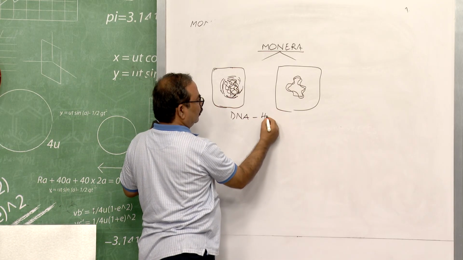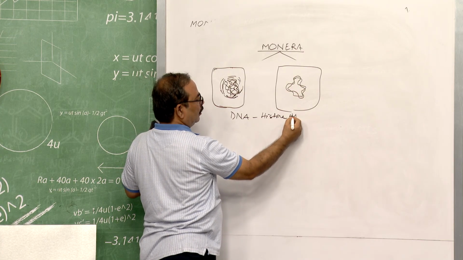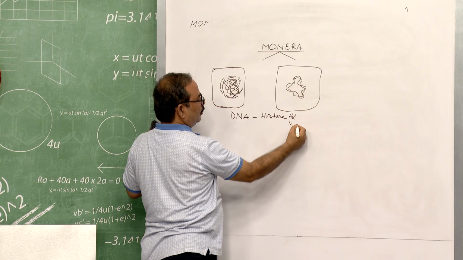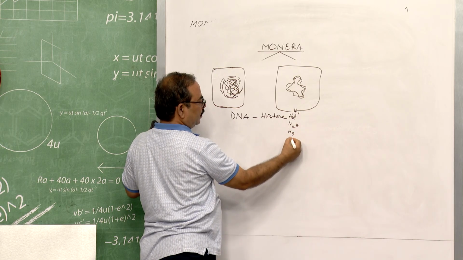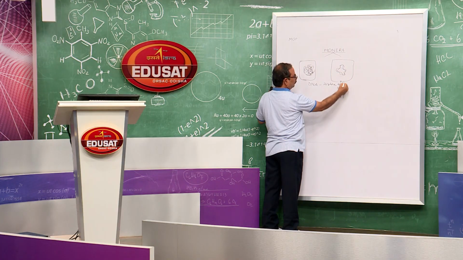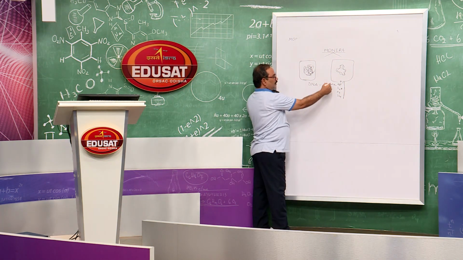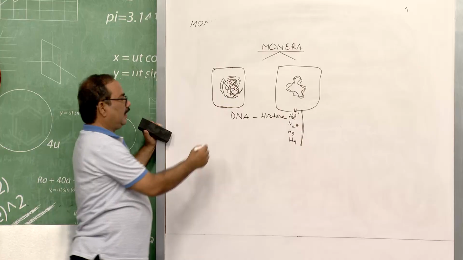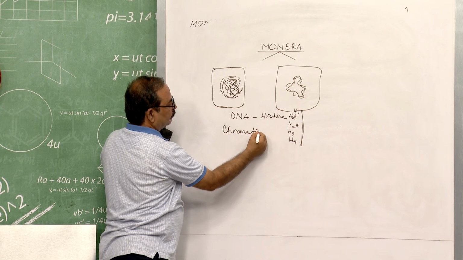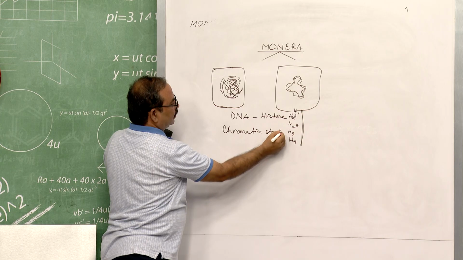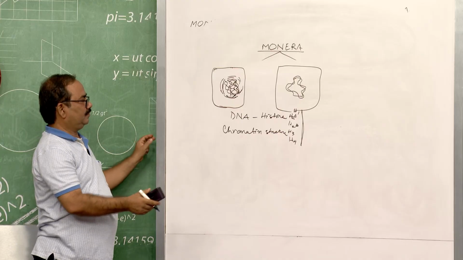The histone proteins are 5 different types: H1, H2A, H2B, H3 and H4. The long DNA molecule is packed with these 5 different types of histone proteins, and they form the chromatin structure. This in detail you will be discussing during your cytology studies.